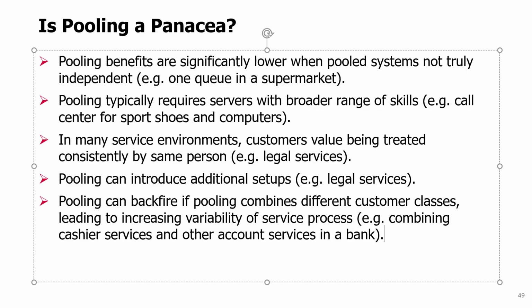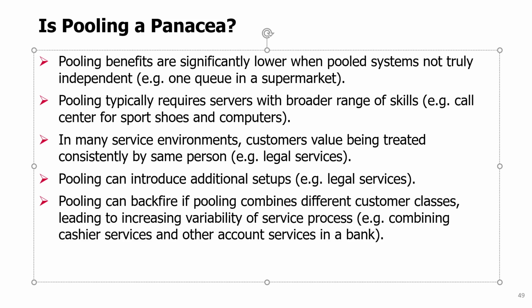Also, think about the same customers if you combine cashier services with account opening services, for example. Opening an account takes a much longer time, and cashier services, like paying a check or doing simple things, right?